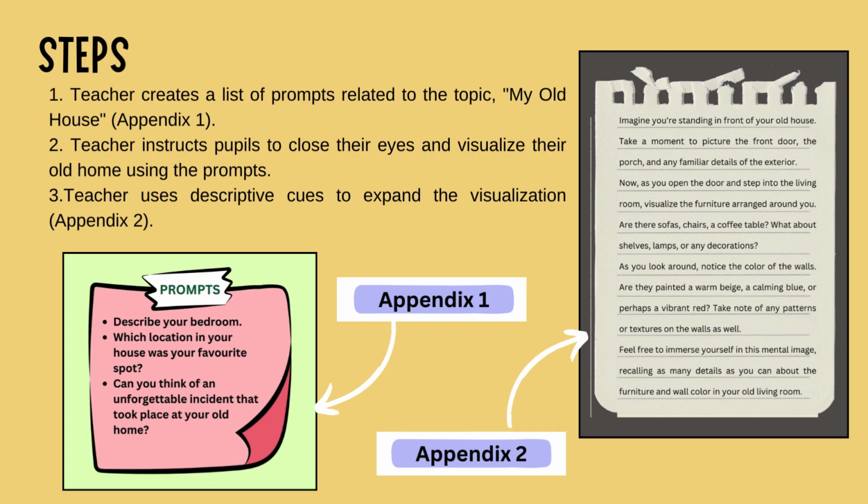As you look around, notice the color of the walls. Are they painted a warm beige, a calming blue, or perhaps a vibrant red? Take note of any patterns or textures on the walls as well. Feel free to immerse yourself in this mental image, recalling as many details as you can about the furniture and wall color in your whole living room.